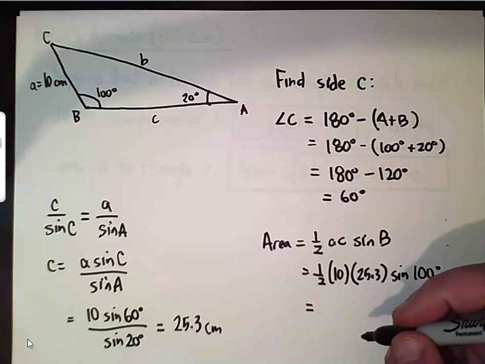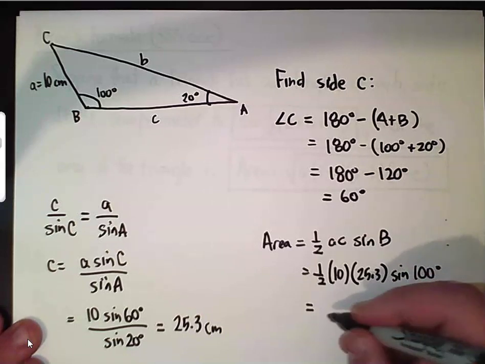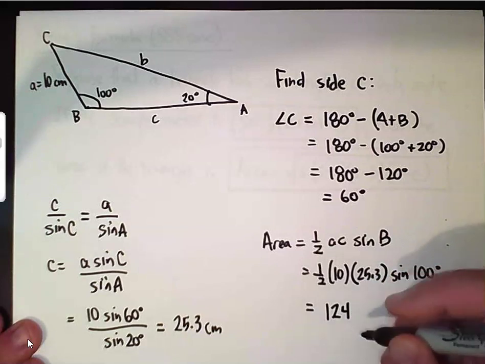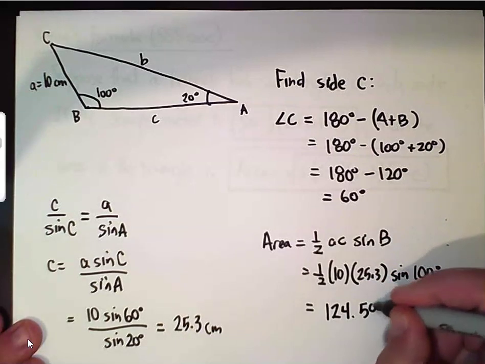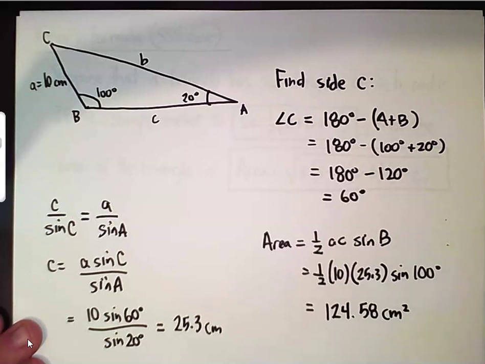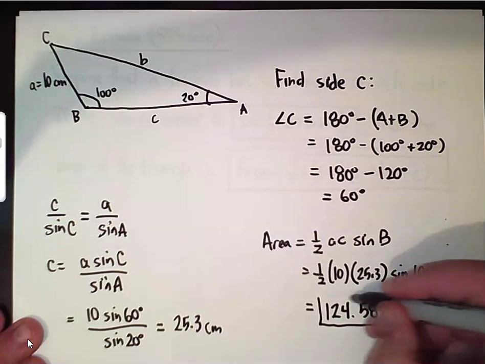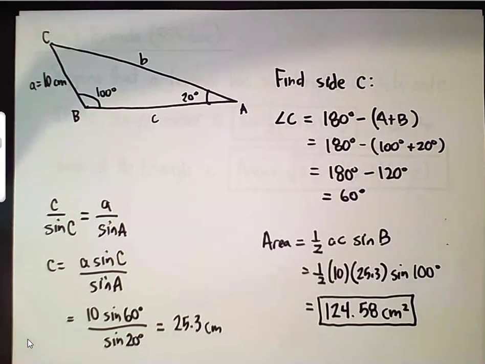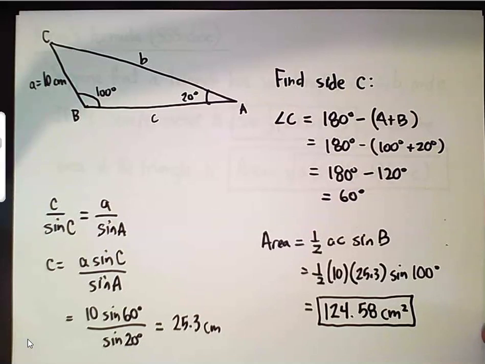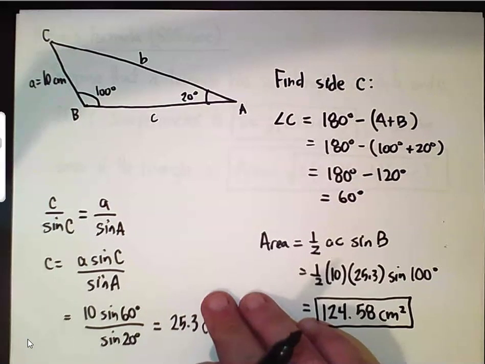When I plug that into my calculator, I get the area of that triangle is 124.58 square centimeters. So sometimes you have to use the law of sines to find the side that you need to plug into the formula to get the area. Okay, so that's how we find area of oblique triangles in the side-angle-side case.